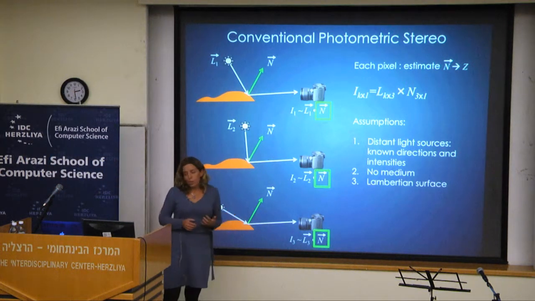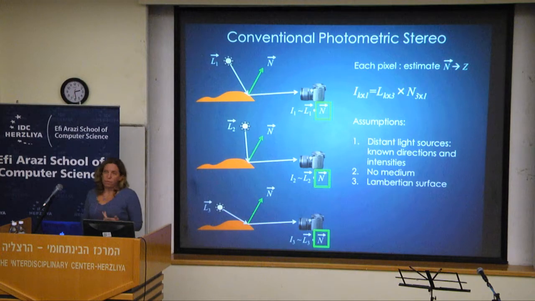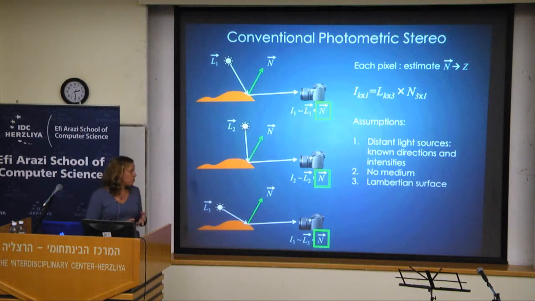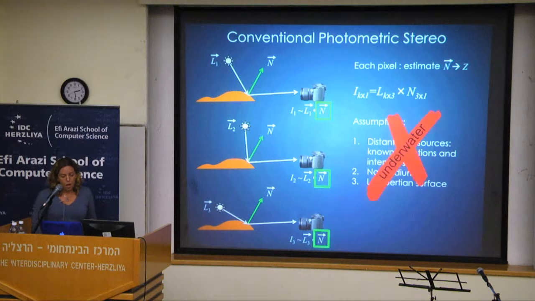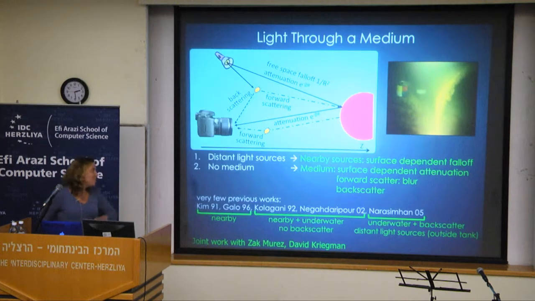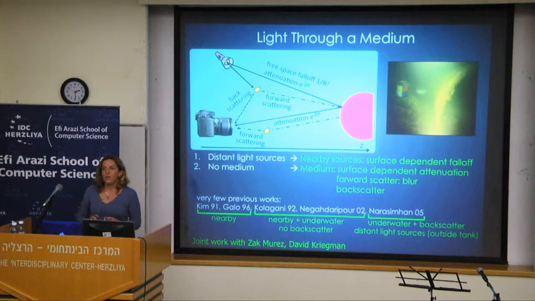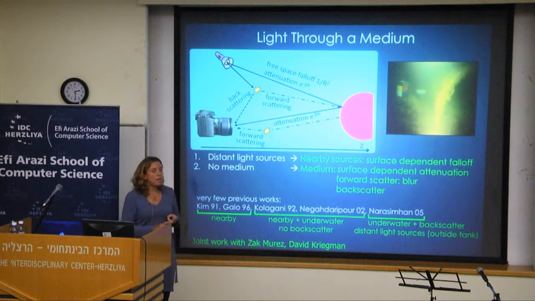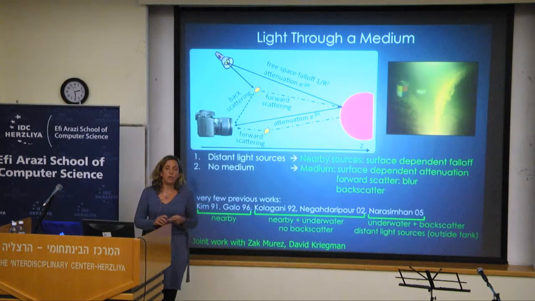If you look at the assumptions of conventional photometric stereo, we have distant light sources, with known directions and intensities. There is no medium, and the surface is Lambertian. Most of these we don't have in the water. I won't go over everything that's going on, but the light is attenuated by the water, and we have scattering by the medium.